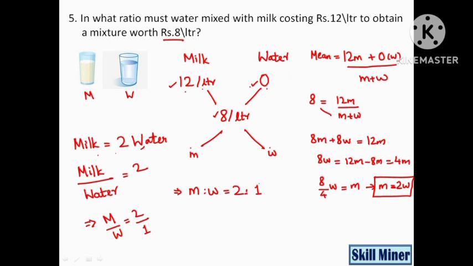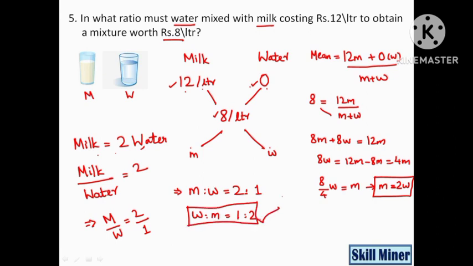In the question they are asking what ratio water must be mixed with milk. It's asking the water to milk ratio. Water to milk ratio will be 1 is to 2. So this will be our answer.